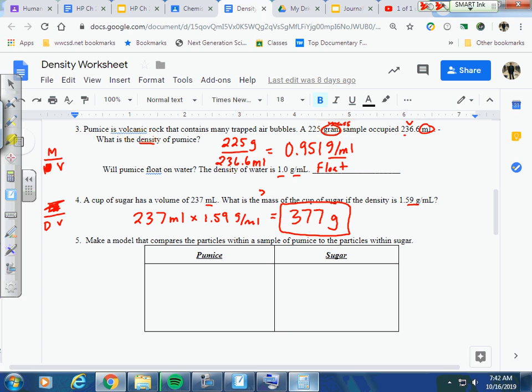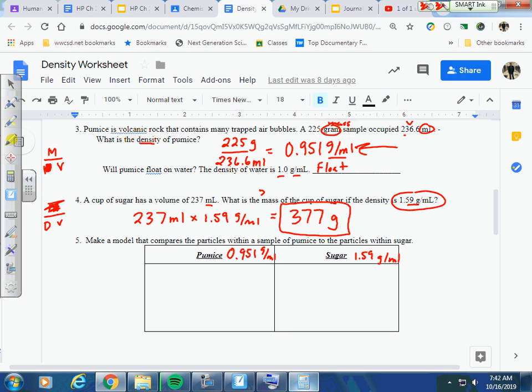Make a model that compares the particles. So we know the density of pumice here. It's 0.951 grams per milliliter. And sugar, we just found out, is 1.59 grams per milliliter. So if something is more dense, the particles are going to be close together. If something is less dense, the particles are going to be more spread out.